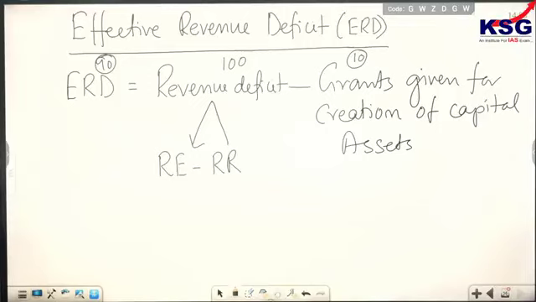ERD has been defined as the difference between the revenue deficit and the grants for creation of capital assets. Clear? Full stop. Change the para.